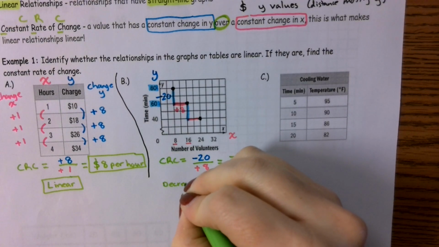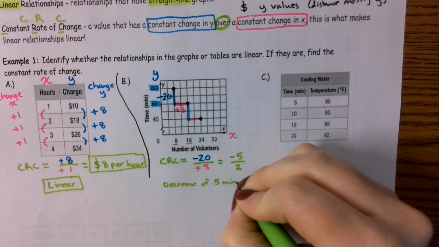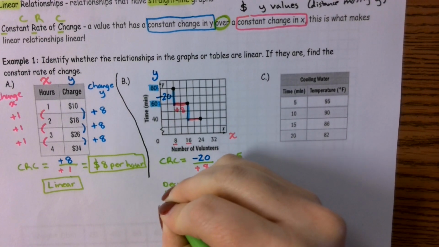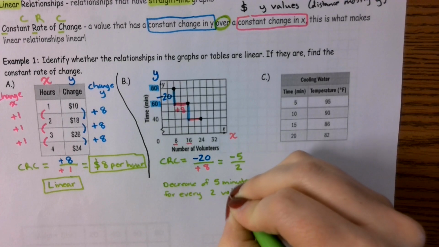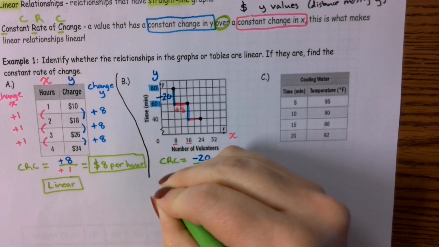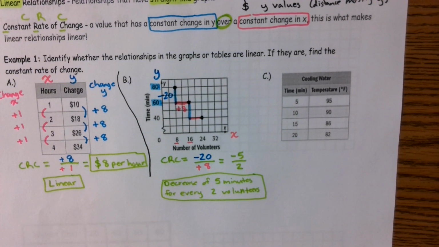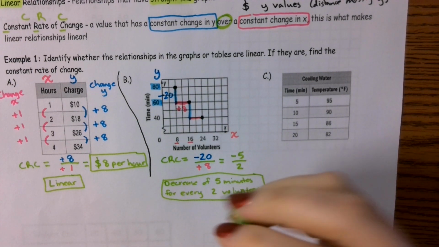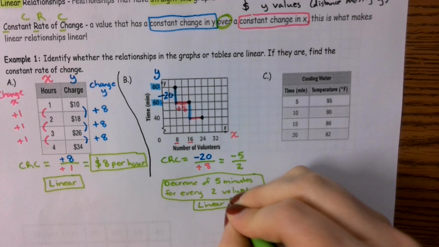This is a decrease of 5 minutes for every 2 volunteers. And is this linear or nonlinear then? Linear, because we have a constant rate of change. So this is considered to be a linear function.